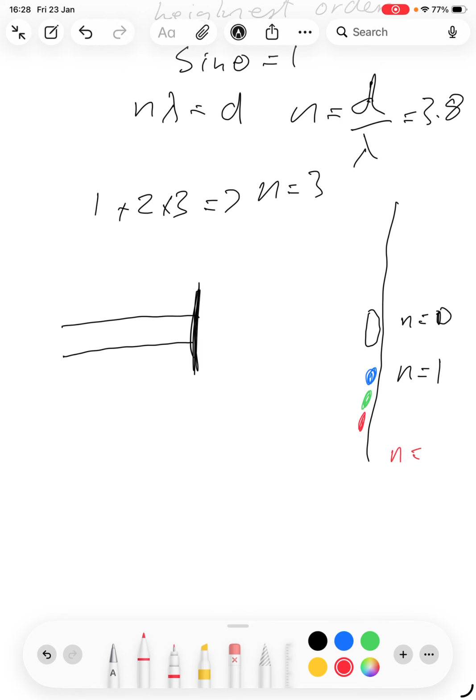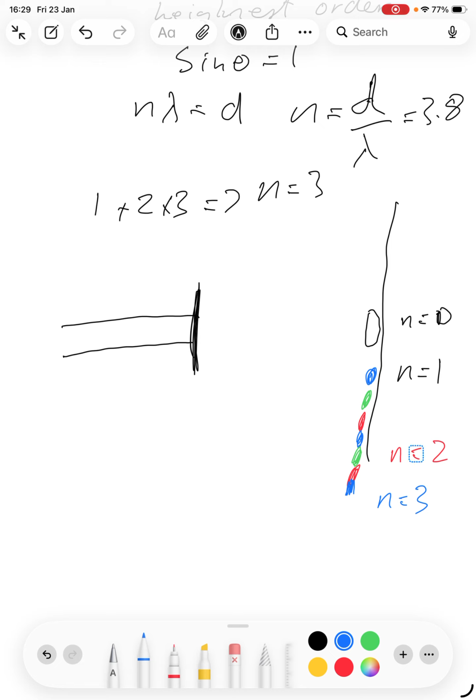When we go out to n equals 2, it starts to get a bit more messy because the orders start to overlap. So I think that you'd see the red of n equals 2 would start to merge into the blue of n equals 3.